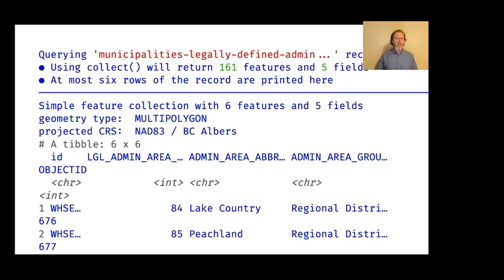Again, this isn't actually running the query and downloading the data for you, but it's giving you a preview of what you'll get. We still have 161 features because we haven't used filter, but we're only getting 5 fields now, 5 columns. We get 5 even though we asked for 2 because there are always a few sticky columns that come along for the ride, the important object IDs and similar identifiers for the rows. We can get rid of those later if we really don't want them.